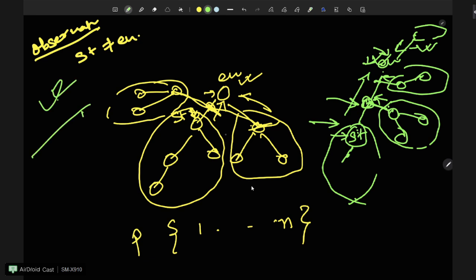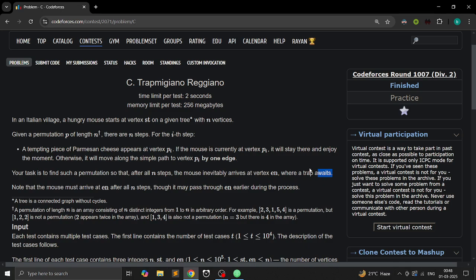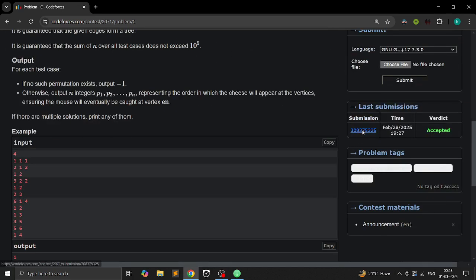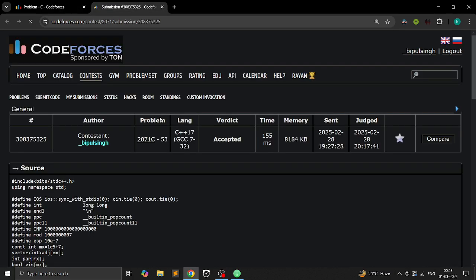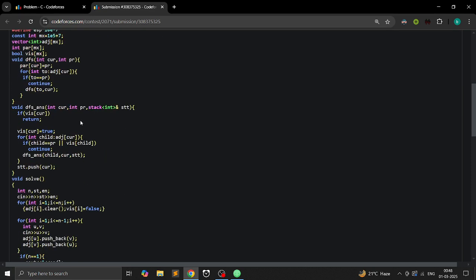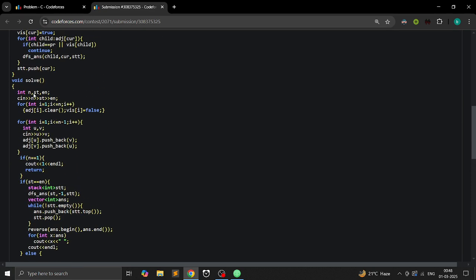So that is the whole observation for this question. If I show you the code, it would be much clearer what I mean here. Okay, so I input n, st, en. I clear the adjacency matrix. I have u and v. I am putting u and v the way we do for a tree adjacency matrix, u to v and v to u.